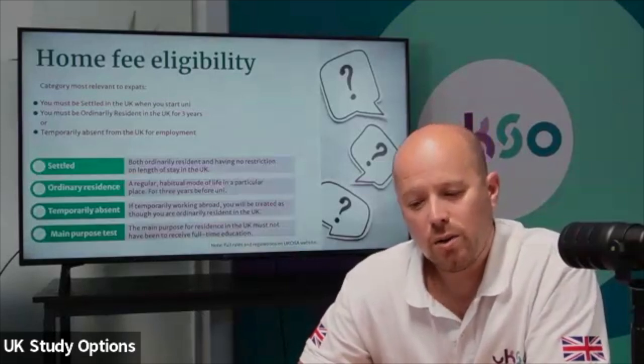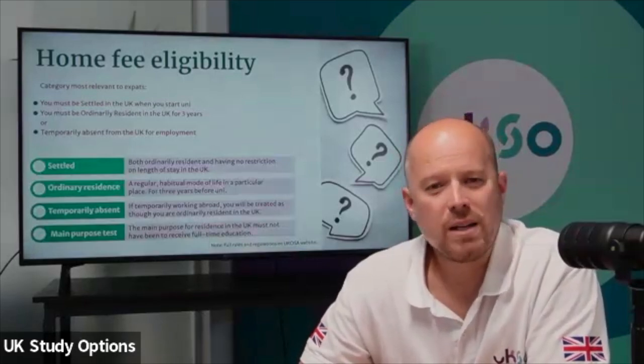So all of these rules, but there's a really telling quote here, and this is from UKISA. If you remember, UKISA are the people that train the universities on fee status. There's a lot of useful information and guidance on their website as well.